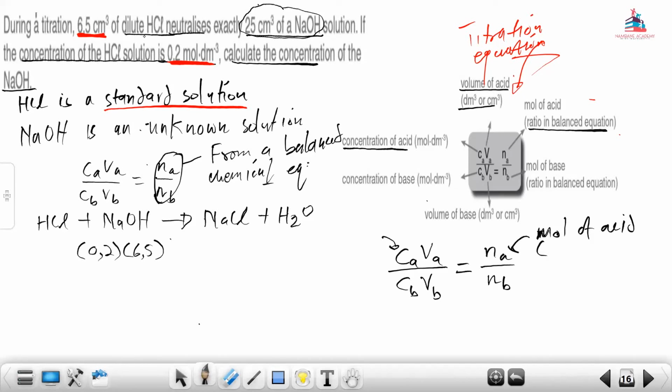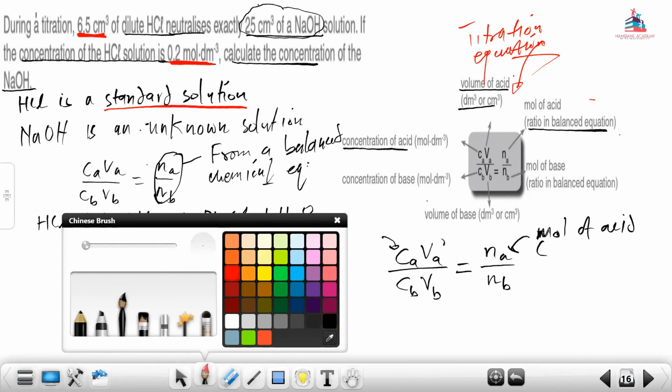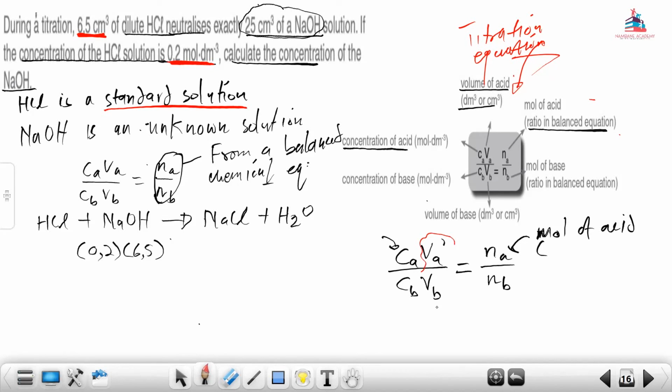But if 6.5 centimeter cubed is given for HCl, and this was in decimeter cubed, you would be in a position of converting one of the two. So basically what I'm saying is the volumes in this equation must be in the same unit. If they are not, then you must convert one.